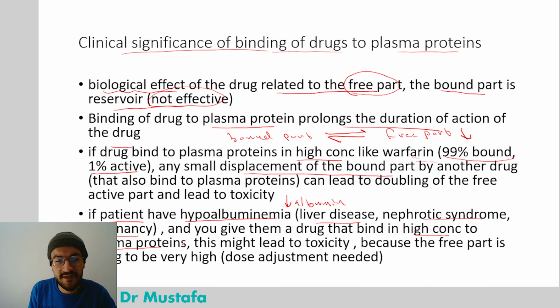So this might lead to toxicity because the free part of the drug is going to be very high, and dose adjustment is needed.